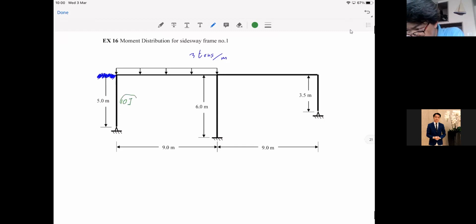Hope you guys can see it. This is 9I. This is 12I. This is also 9I. And this is 7I. Okay. And I think I need to give it some names.